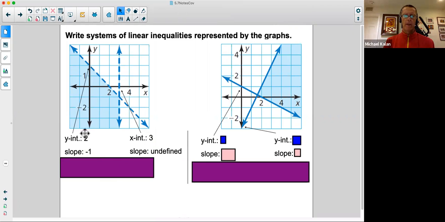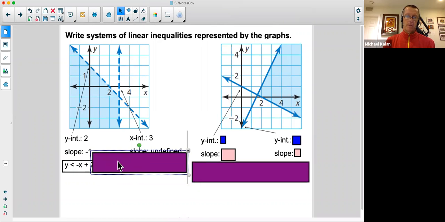So how would you write this one? Again, notice what we're doing. We're shading this area right here, right? So it's going to be, again, to the left of the vertical and down. So if that's the case, what is our inequality sign?